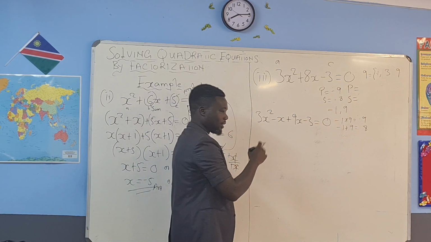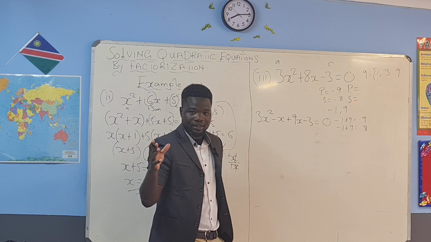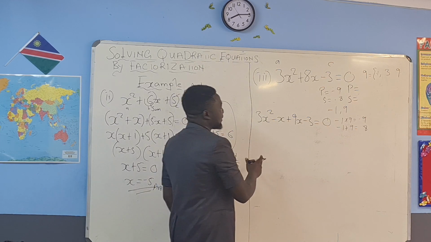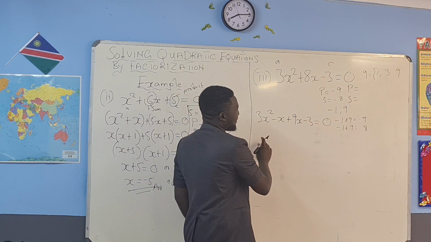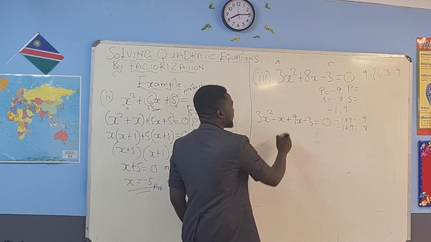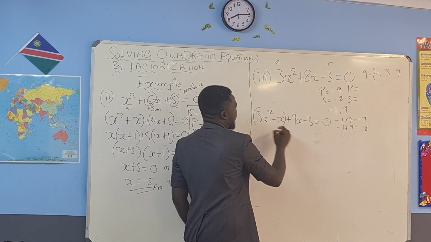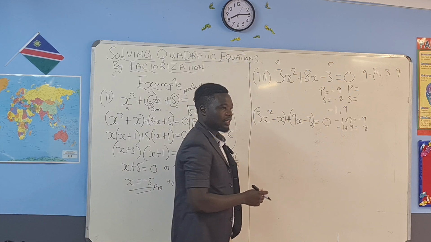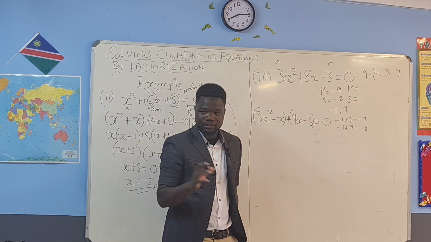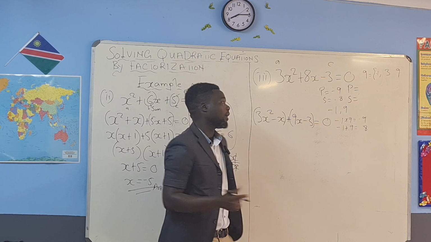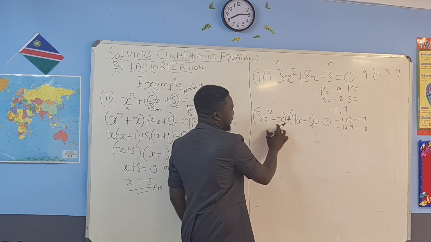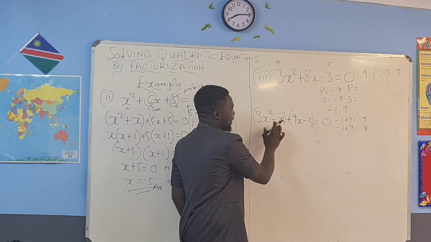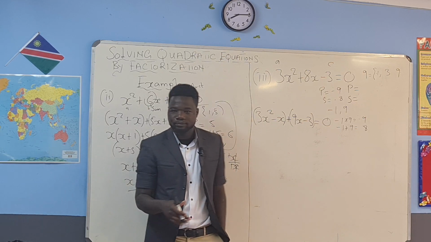Are we following? Okay, listen. From there, what we are going to do is to enclose this in brackets so that we can factorize. What is common in 3x squared minus x? It's x.